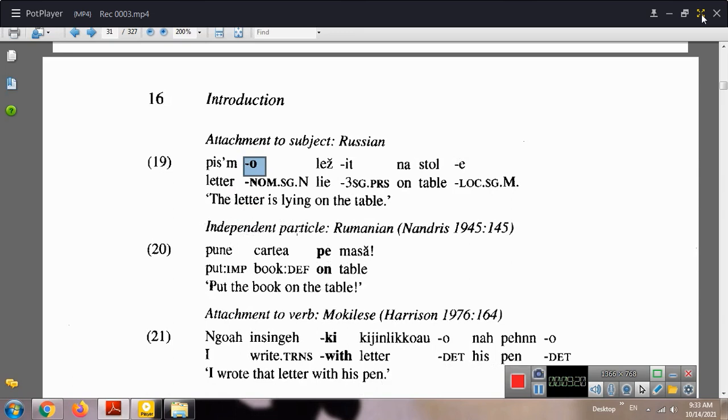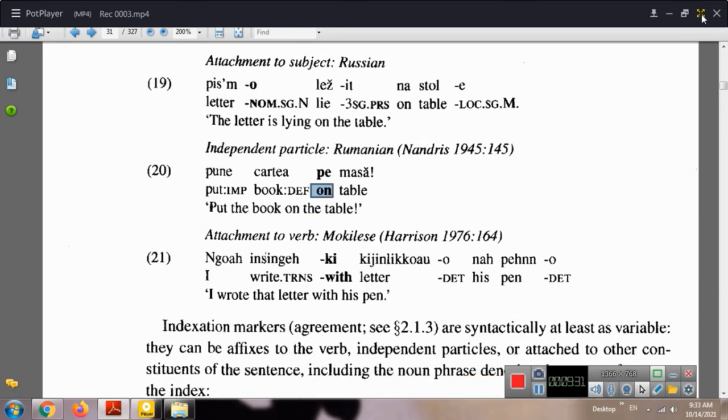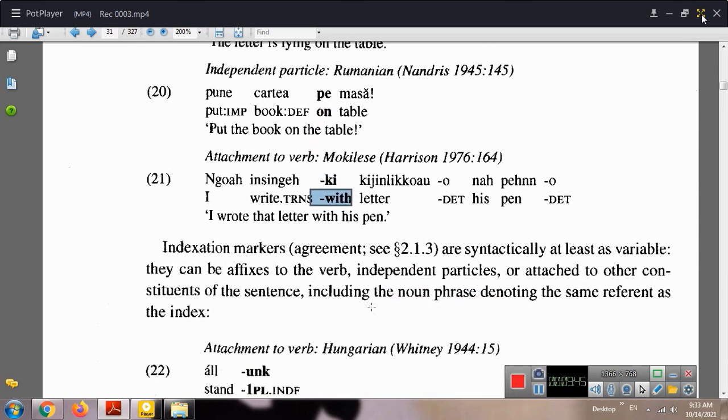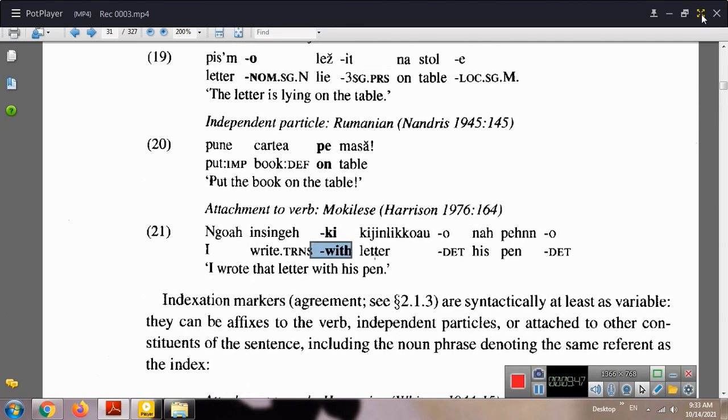Another means is an independent particle, like in Romanian, which is here, P, an independent particle meaning on. Attachment to the verb is shown here in Michaelas, which means with, letter with his pen. The examples are not important, they just want to clear the matter for us by these examples.